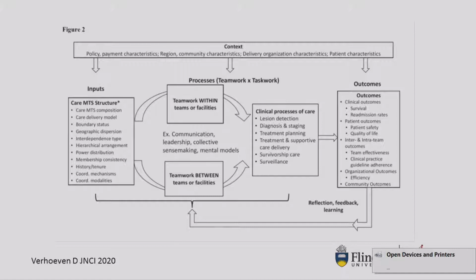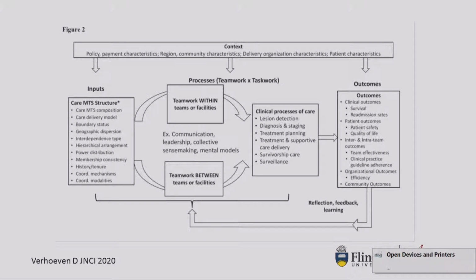This is borrowed from a paper just published in the Journal of the National Cancer Institute that looks at healthcare teams. And this example relates to the management of lung cancer, but you could apply very similar diagrams to other cancers or other healthcare processes. You would see a big rectangle on top that relates to the context within which the healthcare is delivered.